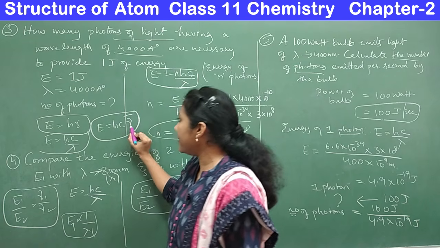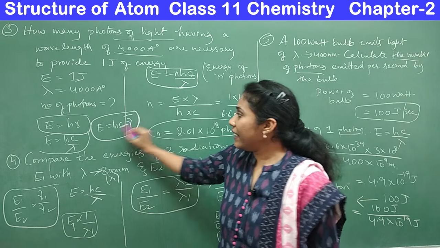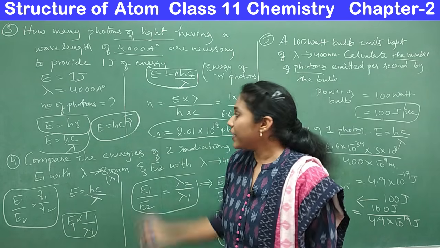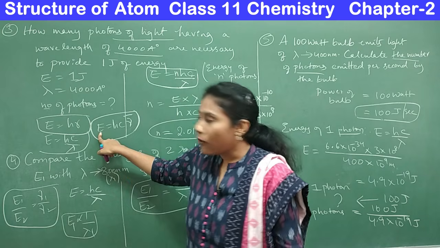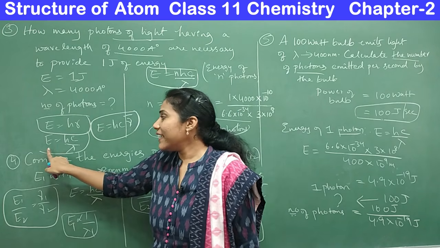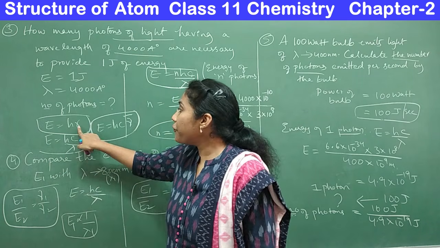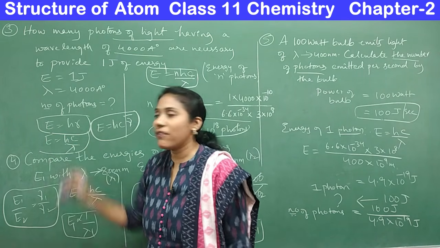Wave number, isn't it? In case wave number is given, you can calculate the energy. If wave number is given, this is the formula to calculate the energy of one photon. If lambda is given, this is the formula. If frequency is given, this is the formula.